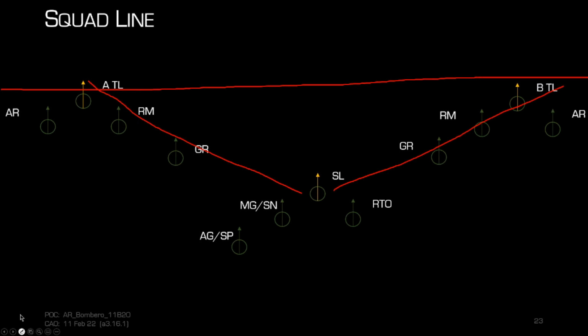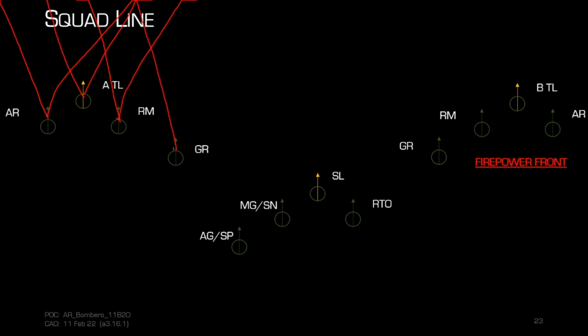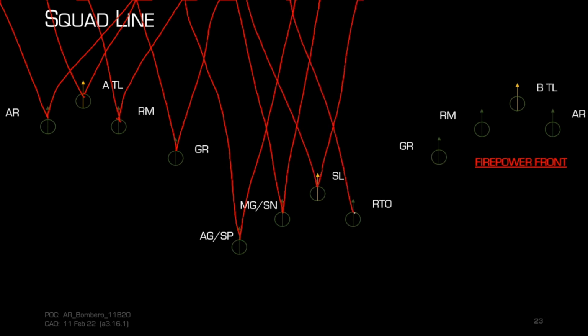But primarily, you're going to have maximum firepower to the front. So all these guys can shoot forward immediately, and you get good overlapping fields of fire. Every single member of the squad can immediately start shooting forward. They can start bounding up to a firing line, which we'll talk about in the movement techniques academics.